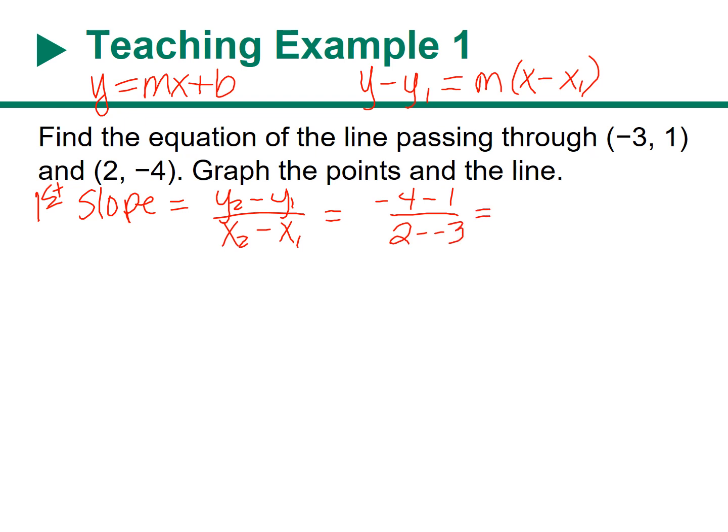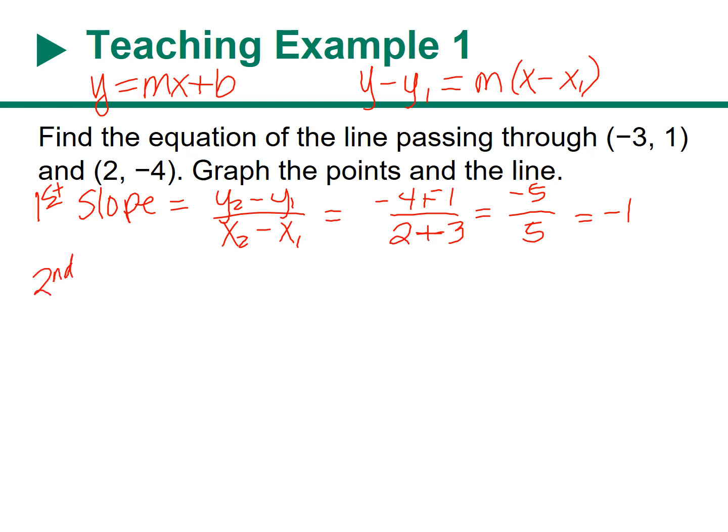When you're subtracting a negative from a positive, that means you're adding. So that's -5 over 5. A negative and a negative makes a positive. So the slope of this line is -1. All right. How do we feel about step 1? Good.